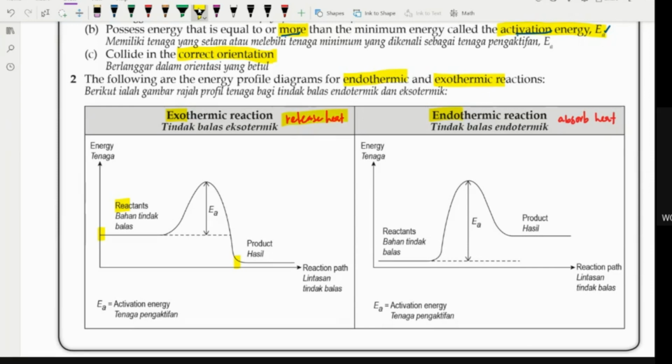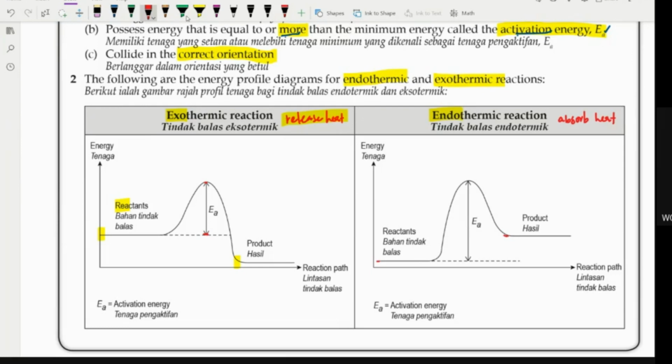I think in our last lesson I have drawn for you already. So from reactants to the peak of the curve, this one is the activation energy. So for endo, absorb heat, the energy content for the product is higher compared to the reactants.